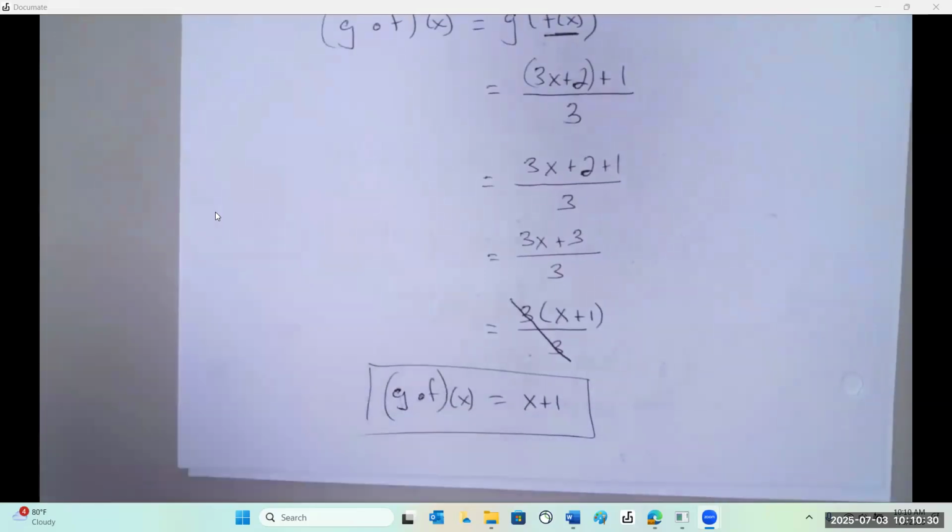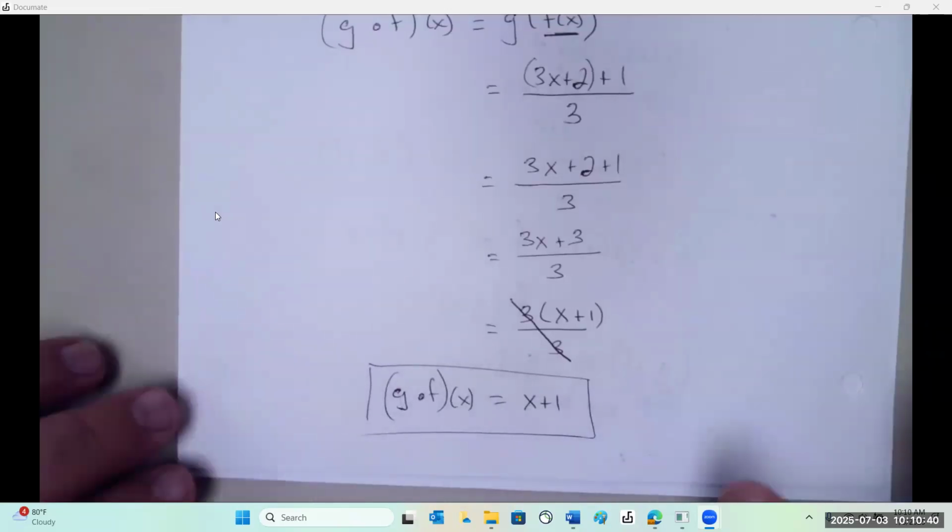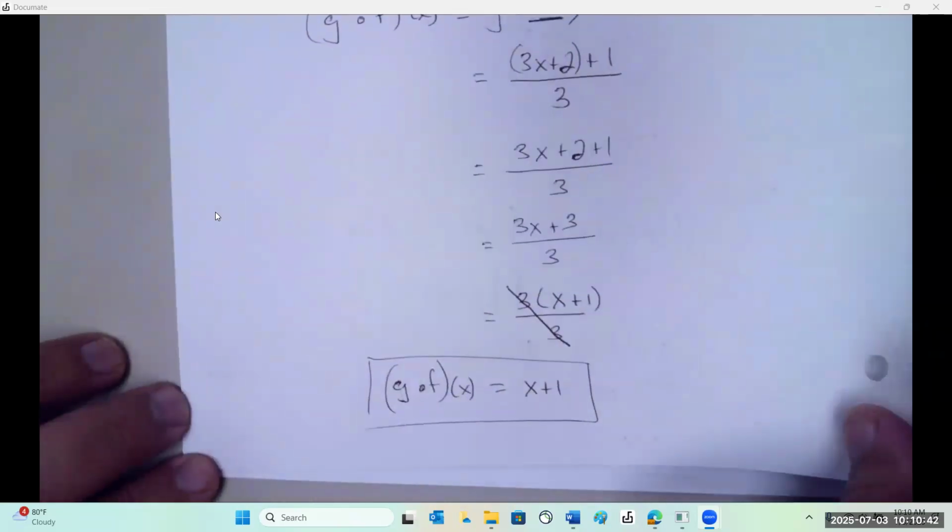And we're not just stuck with g of f, f of g. We can make g of g or f of f. We can make the same function inside itself. So let's look at it with the same functions we have defined.